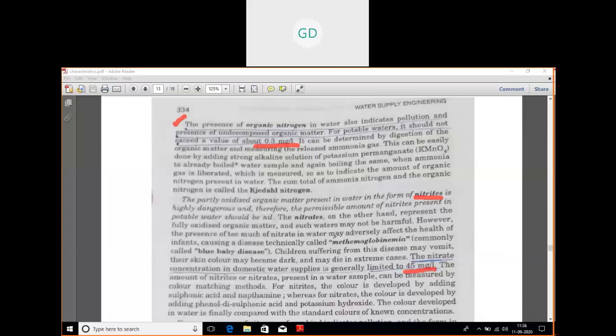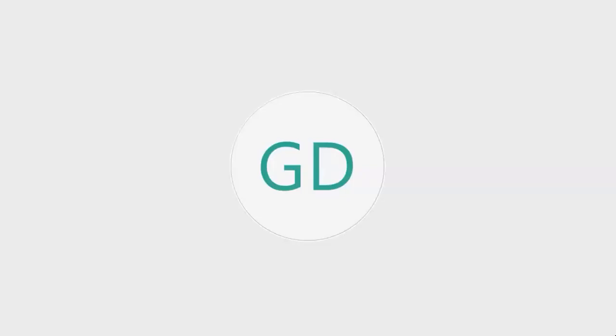This is the scientific name, methemoglobinemia, and commonly it is named blue baby disease. In blue baby disease, the child may vomit, or their skin color might become dark, and in some cases, some children may die if an excessive amount of nitrates is present in water.